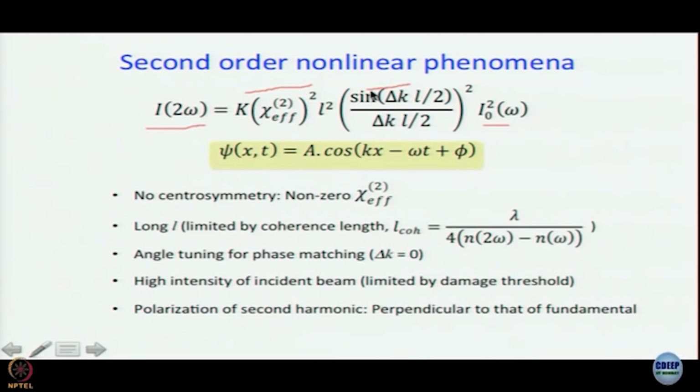We will come back to this expression shortly, but what we said is that first of all L is limited by coherence length. We achieve delta k equal to 0 by angle tuning. We have discussed it and we will do a quick recap in the next slide. And we talked some about the polarization of the second harmonic being perpendicular to that of the fundamental. And again we are going to do a little more detailed discussion about that.